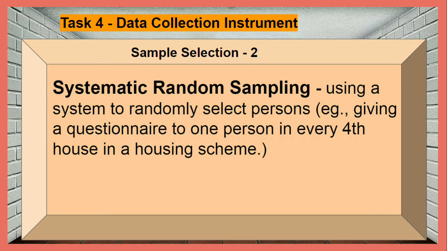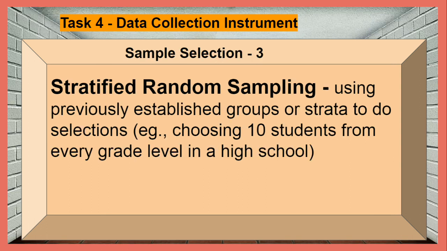Or choosing the 3rd name on a list from a class list or a register that you are given to do your selections. And then there is the stratified random sampling, which is using previously established groups or strata to do selections. For example, choosing 10 students for every grade level in a high school. Or handing out a questionnaire to 2 teachers from every department in a school.